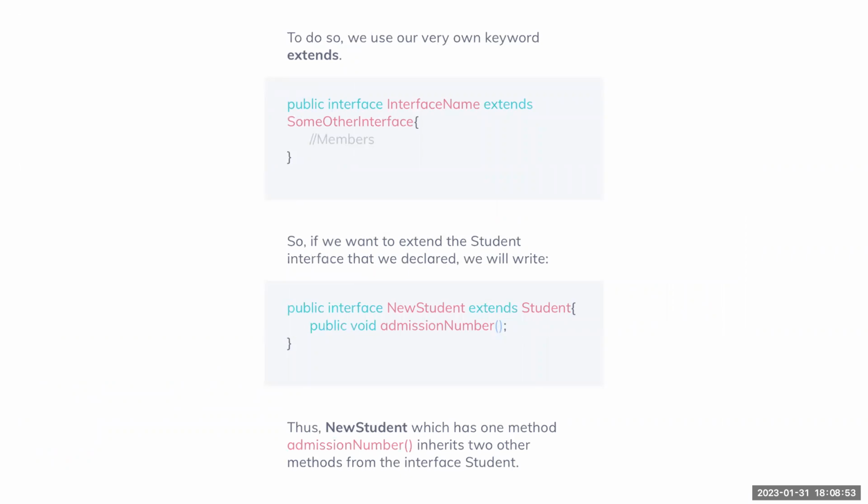Something like this: public interface name extends some other interface. If you see here, I just created a new interface, NewStudent, which extends Student. I have one more extra abstract method called admission number.